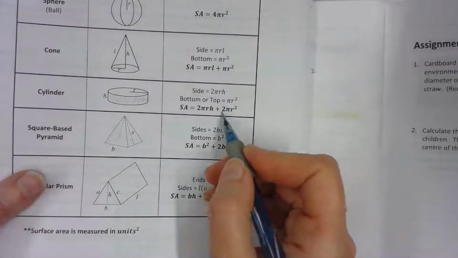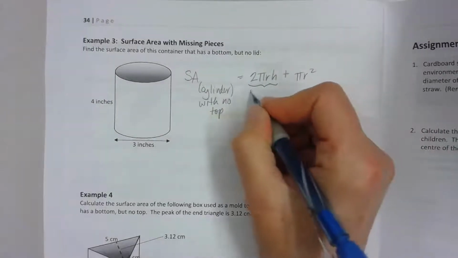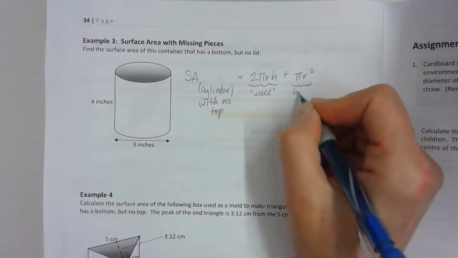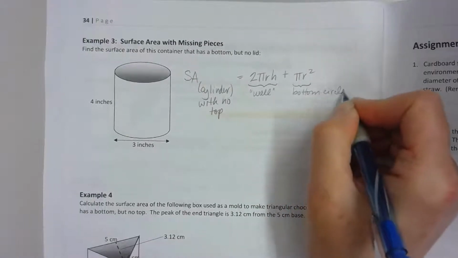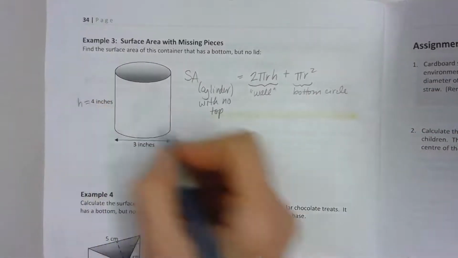So I'm leaving the 2 off. I don't need 2 of them, I just need 1. So this is the wall. This is the bottom circle. We don't need the top circle.